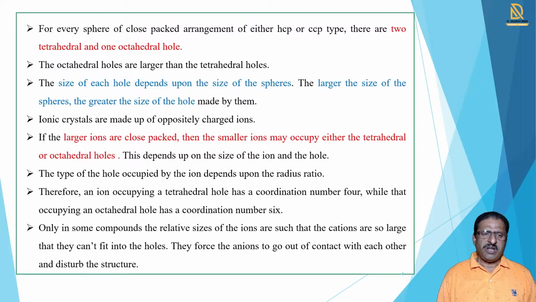Such tetrahedral holes and octahedral holes are formed when there is close packing. Now, how many tetrahedral and octahedral holes are formed? Generally, there are 2 tetrahedral holes and 1 octahedral hole, and these holes occur sequentially: 2 tetrahedral and in between them 1 octahedral.